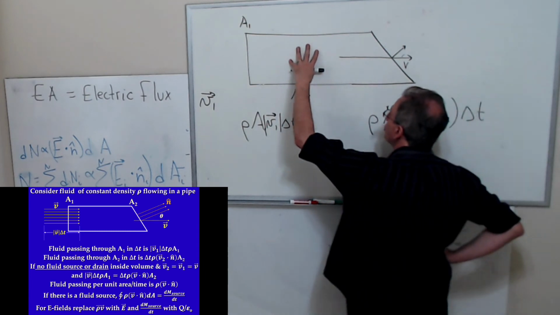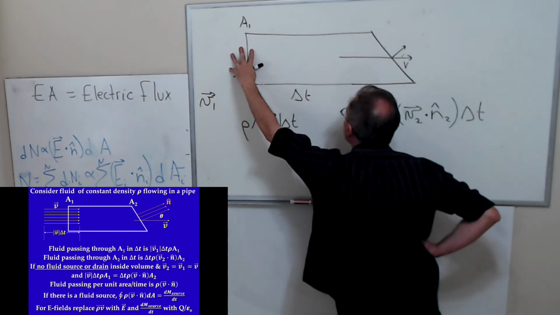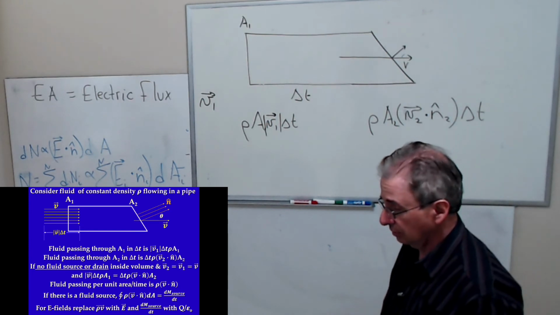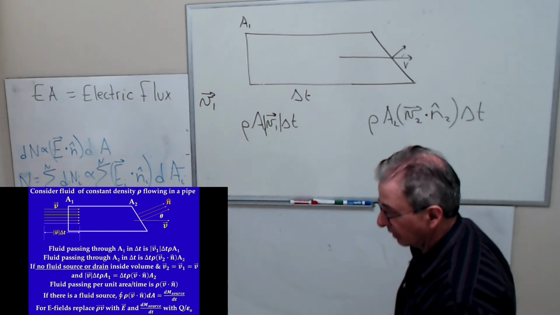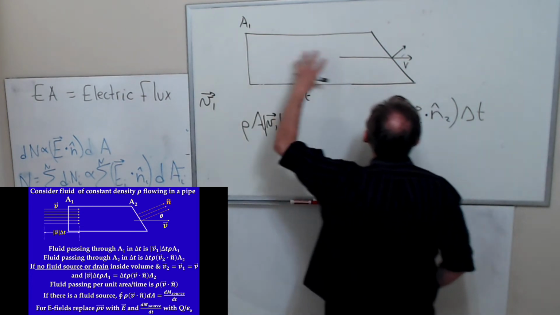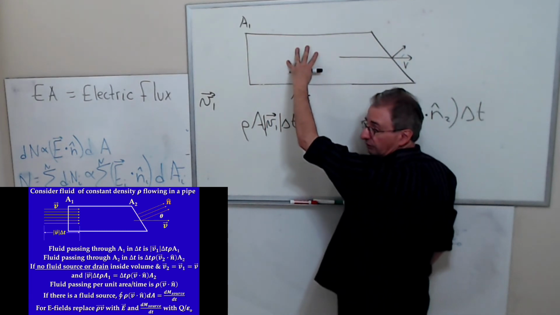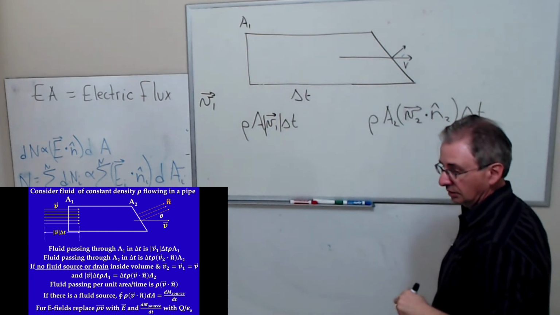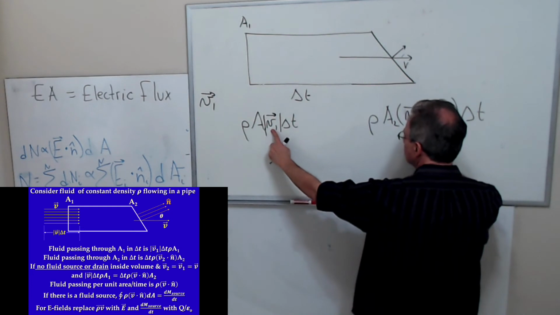If there is no drain in here, or if there's no water faucet in here, whatever comes inside here has to be equal to whatever goes out there. Isn't that true? The flux through this side has to equal the flux through this side if I have no drain in here, or if I don't have a water faucet in here, a source. And also, of course, these have to be the same too, right?